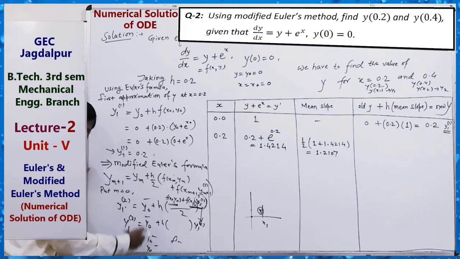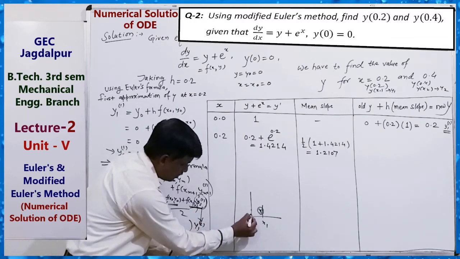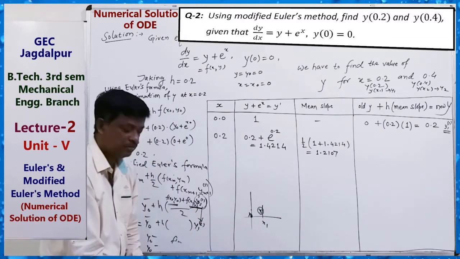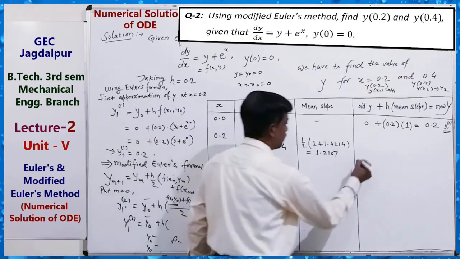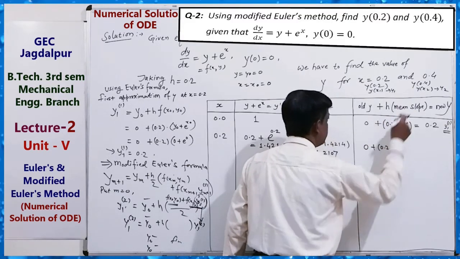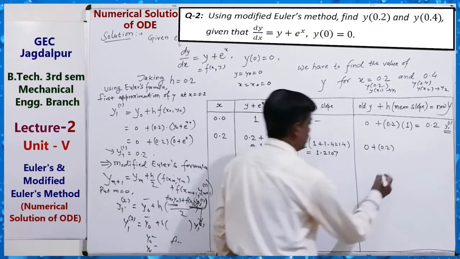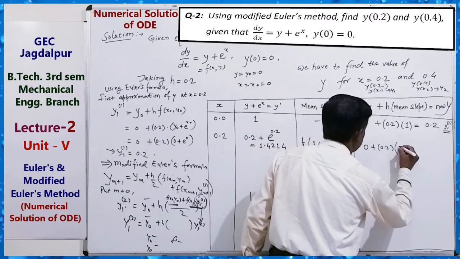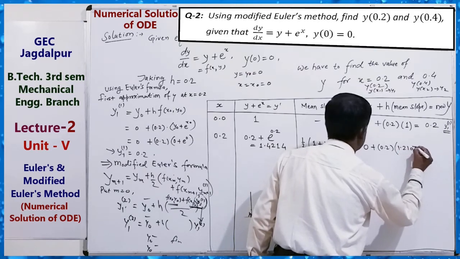So the same value in the first interval, y0, for all the approximations. So y0 means 0 plus h, which is 0.2, times the mean slope 1.2107.